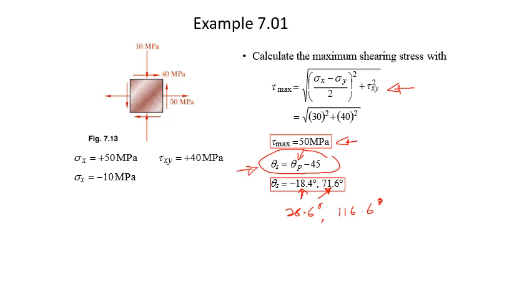But then again, remember, you don't know which plane will give you a positive and which plane will give you a negative answer. So remember, you have your tau x prime y prime equation, right? It's equal to minus sigma x minus sigma y over 2 sine 2 theta plus tau xy cos 2 theta.